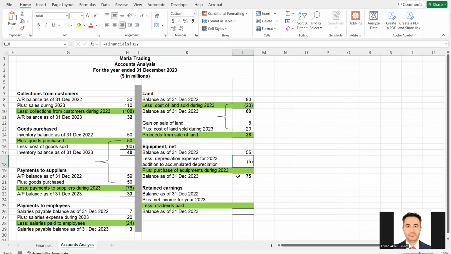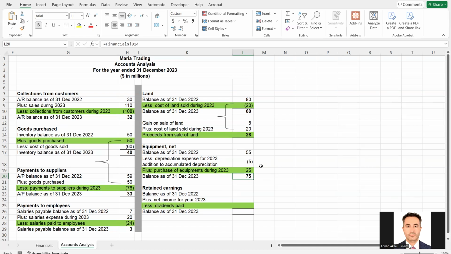So the extra 25 million is the amount of cash used to purchase equipment during the year. How is this calculated? It is the ending balance less opening balance plus the depreciation. So I have paid 25 million for the purchase of new equipment.